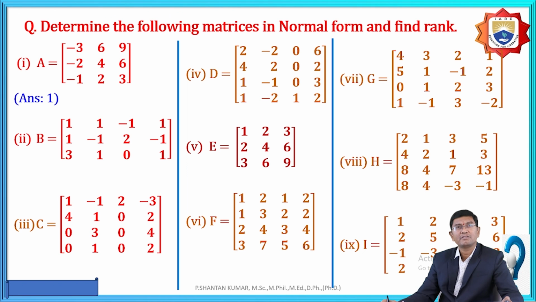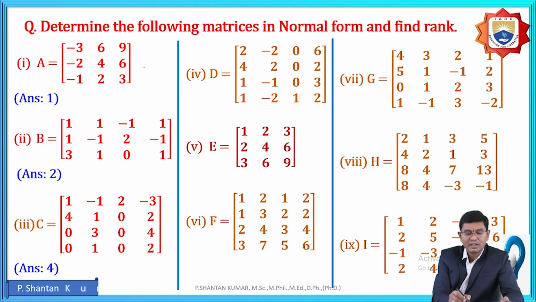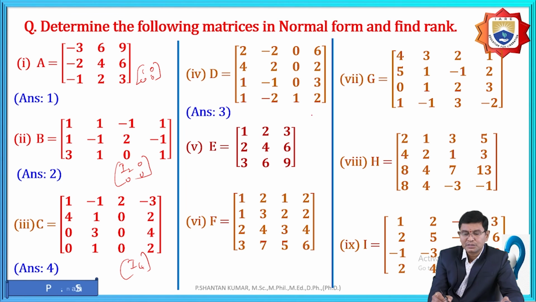The first one is rank 1, meaning only one element and the other values are zeros. The second one is rank 2, meaning the other values are I2 0 0. Again, we need to get I4, that means 1 0 0 0, then I2 0 0 0, then I4, and here also I3 0 0.